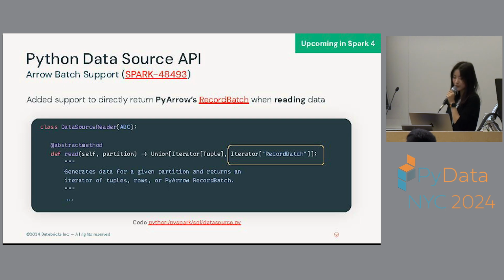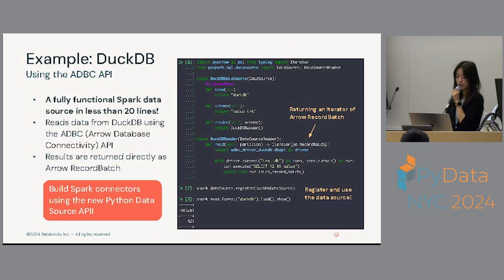In this example, we define a DuckDB data source with a name and a return schema. Then in the data source reader, we establish a connection to DuckDB through the ADBC driver, execute the query, and then fetch the results directly as an iterator of Arrow record batches.